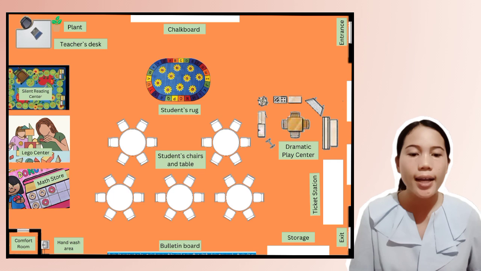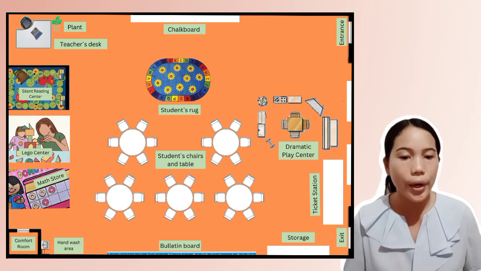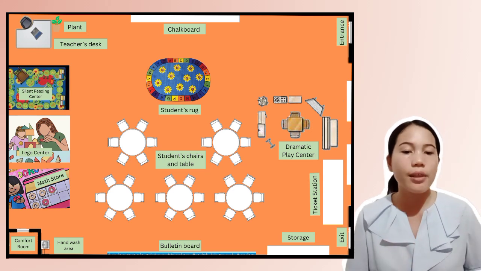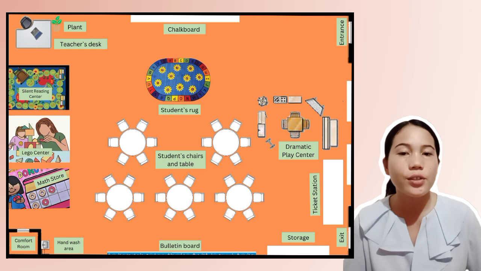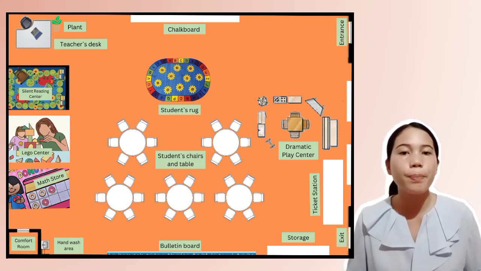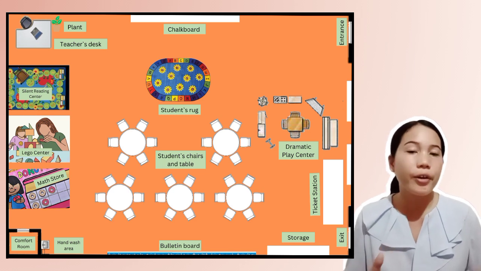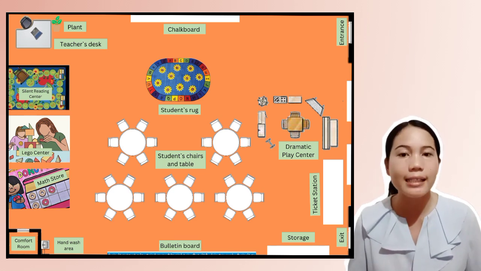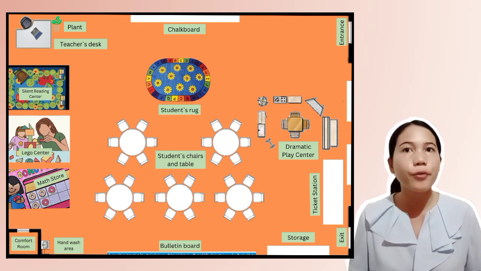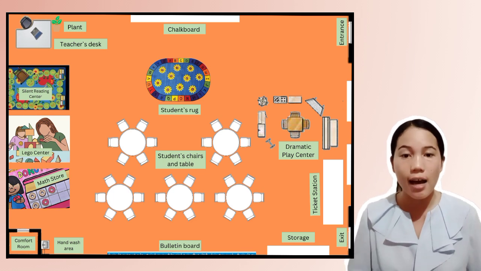Now beside the storage area is the exit door, and beside the exit door, going up, is the ticket station. This ticket station is intended for the pupils to post their reflections, learnings, and concerns every week after the teacher's lessons are discussed.